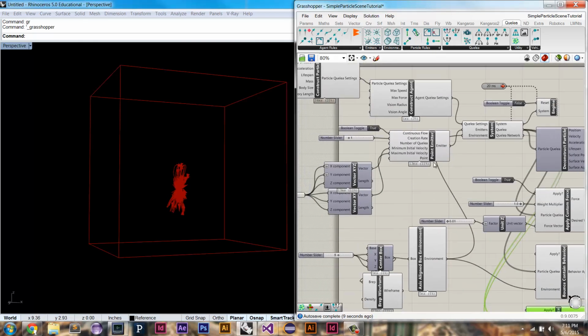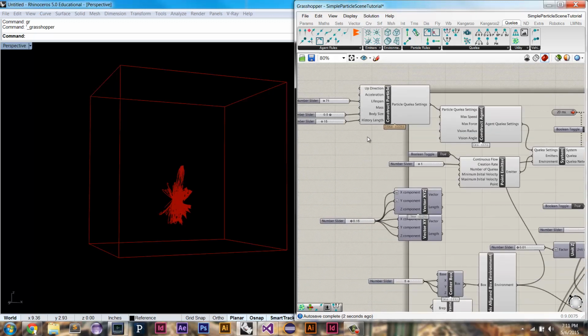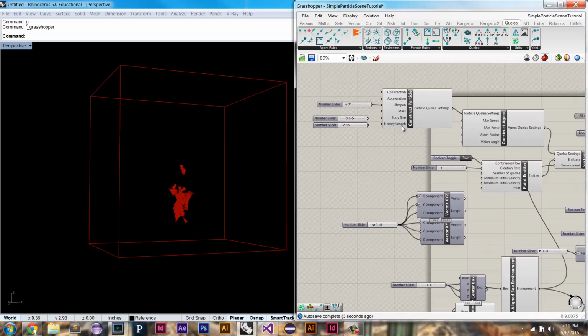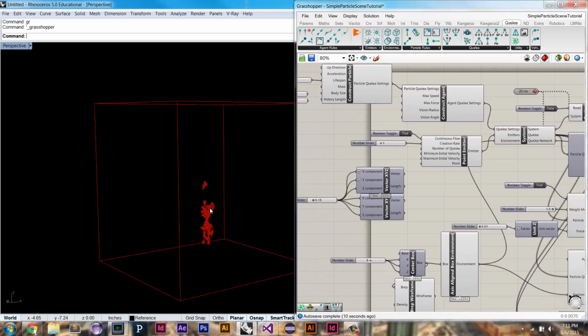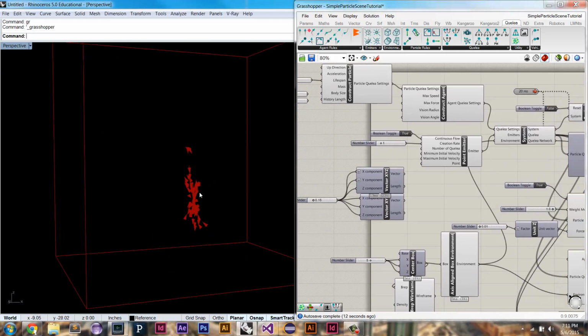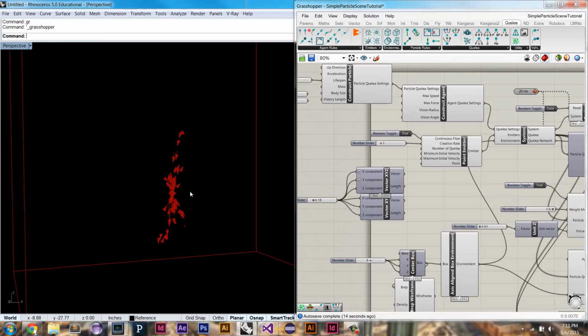And I'm going to go ahead and remove some of the constraints that we put on the particles, body size. We could keep the, I think the history length could be distracting too. And lifespan is okay. So here we have our agents, and they're being attracted essentially to one another.